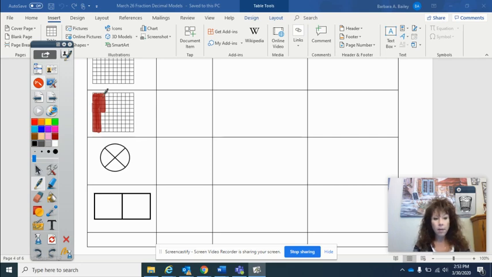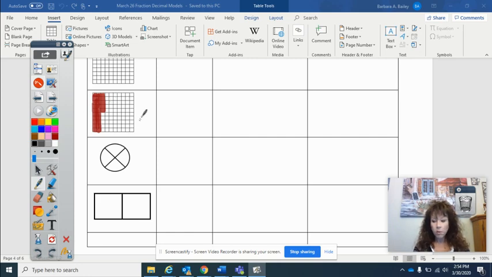Then the long strips or columns going down or across would represent tenths, and each individual little square would represent hundredths. On this particular model, I've shaded 2 long strips or columns and then 5 individual blocks. Okay, so how would we write that as a decimal?